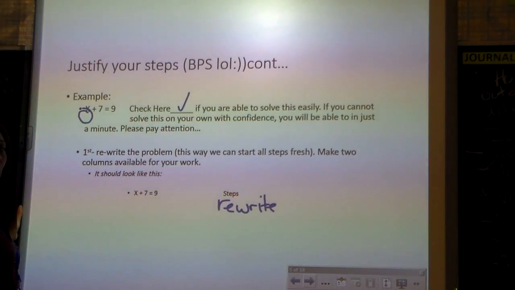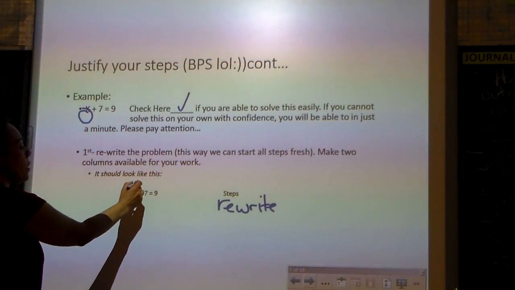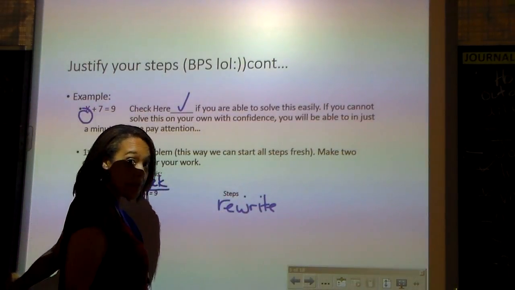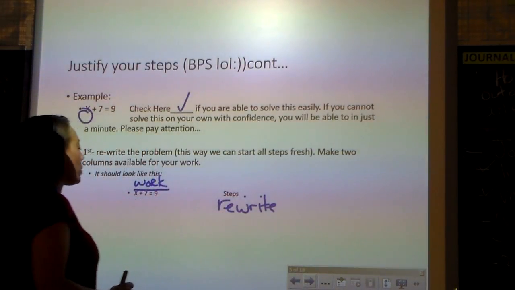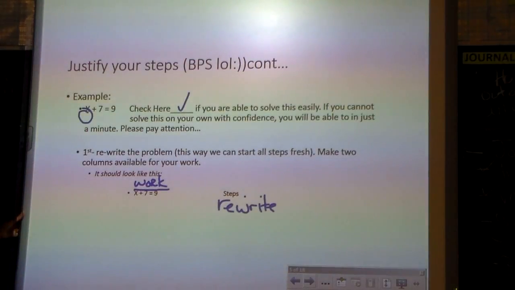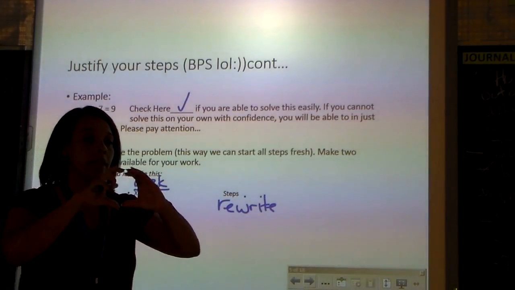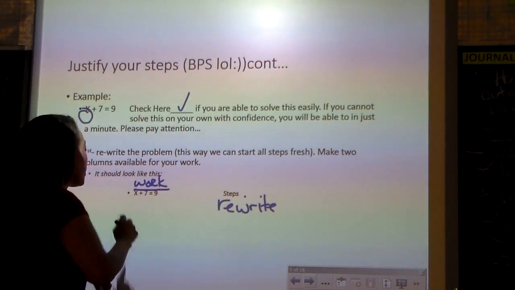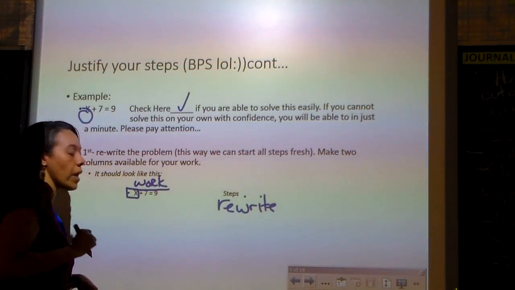Here I have 2 columns available: a column where I'm going to do the work, and a column where I'm going to write the steps. Do you remember when I said you have to undo or cancel out by doing the opposite? And do you remember where I said we want to isolate the variable and get it by itself? Because I'm isolating the variable, I'm going to put a box around that x.